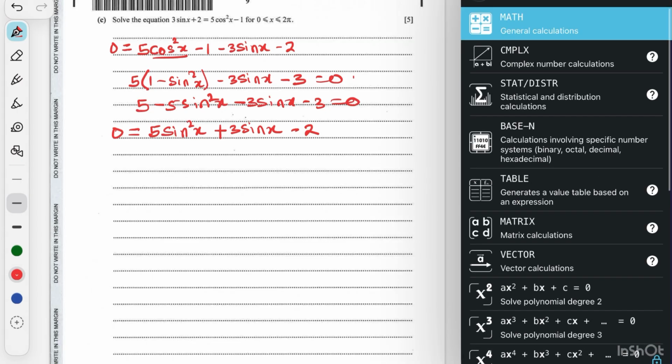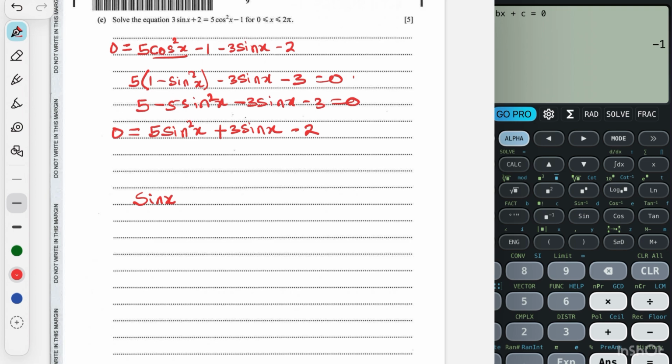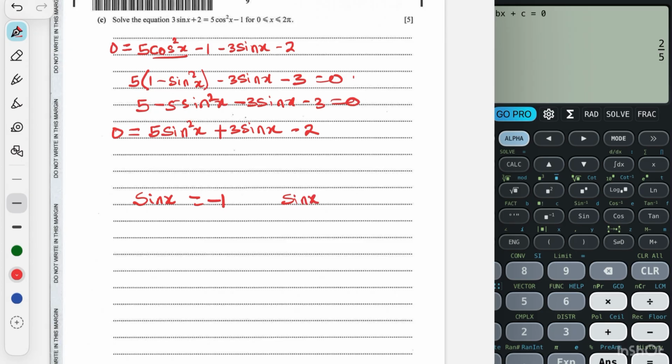Please understand, it's very important you see how I'm doing mine. So this is 5, this is 3, this is minus 2, right? So my roots are minus 1. So sine x is equal to minus 1, and sine x is equal to 2 by 5. Right? This is what I'm getting.